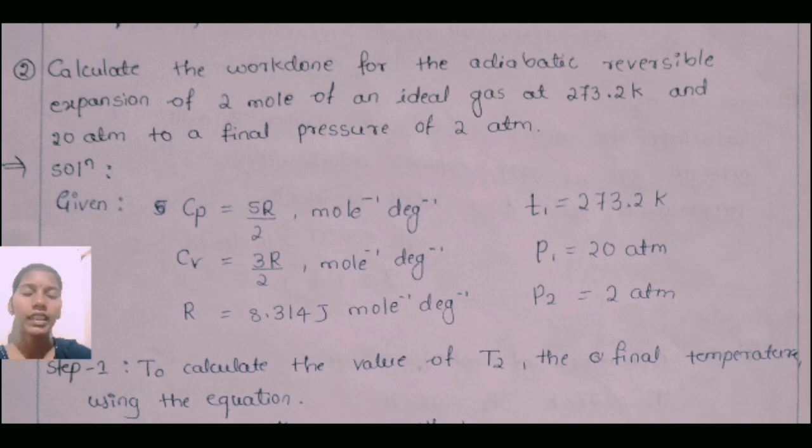Heat capacity at constant pressure is equal to 5R divided by 2 per mole per degree, and heat capacity at constant volume is equal to 3R divided by 2 per mole per degree, where R is equal to 8.314 joules per mole per degree, T1 is equal to 273.2 Kelvin, P1 is equal to 20 atm and P2 is equal to 2 atm.